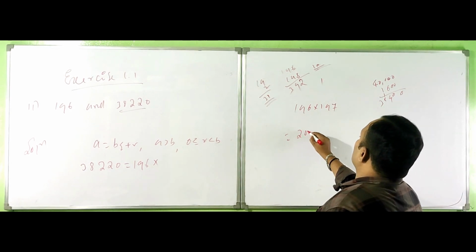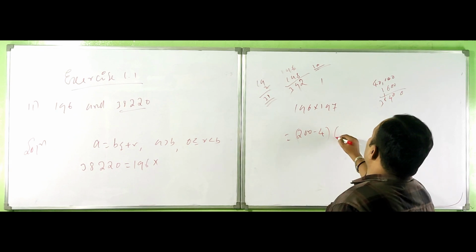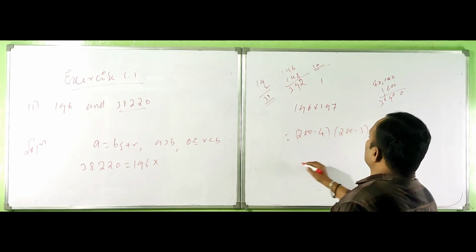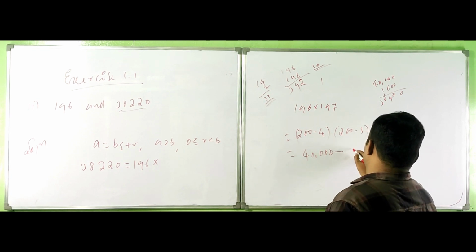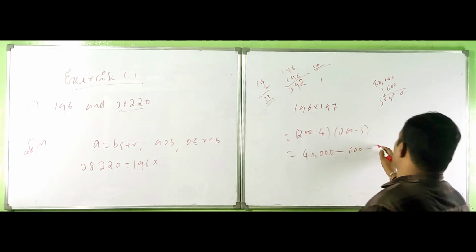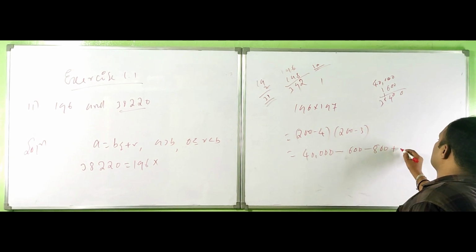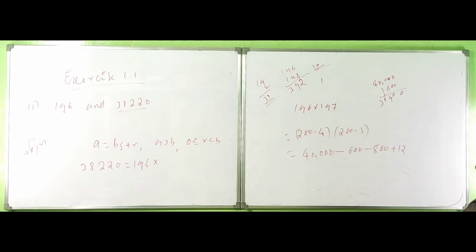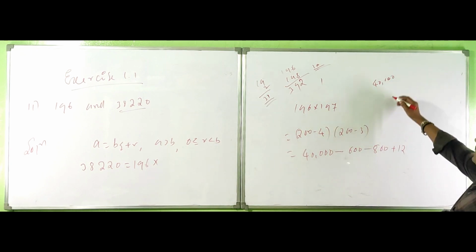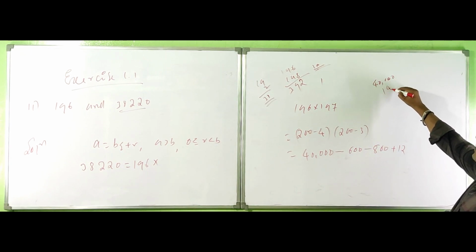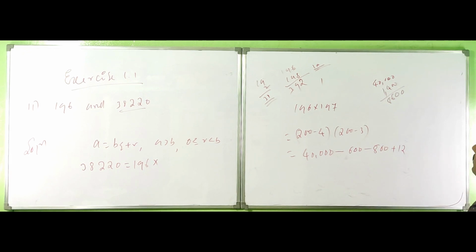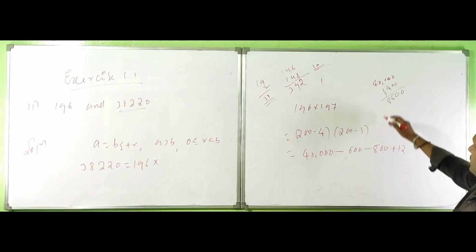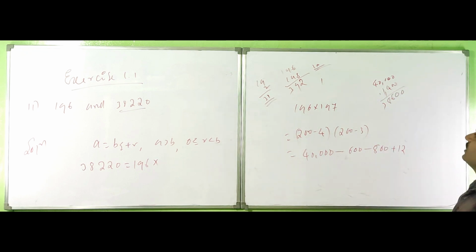Make it 197. This is 200 minus 4 into 200 minus 3. This becomes 40,000 minus 600 minus 800 plus 12.